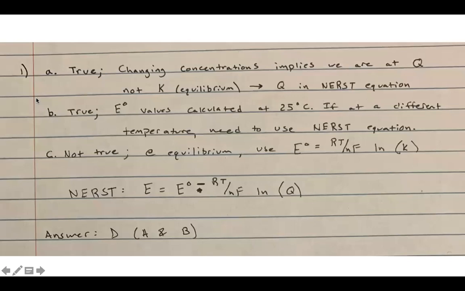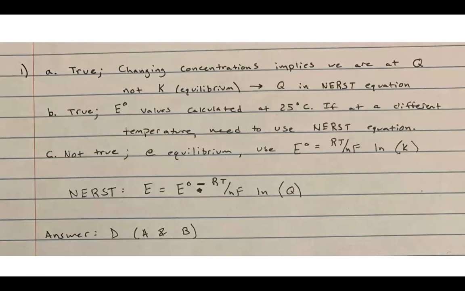Okay, so A talked about using the Nernst equation whenever the concentrations of reactants and products are changing. Remember that the concentrations or pressures of reactants and products change in order to establish equilibrium. They want to reach equilibrium, and once they reach it, they stay the same. So if our concentrations are changing, this implies that we're at Q, meaning we're not at equilibrium.